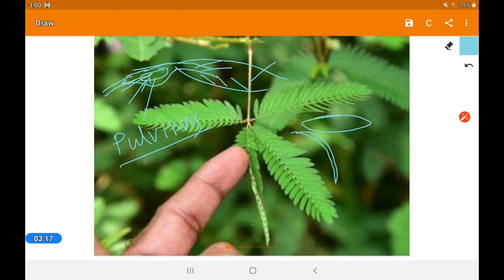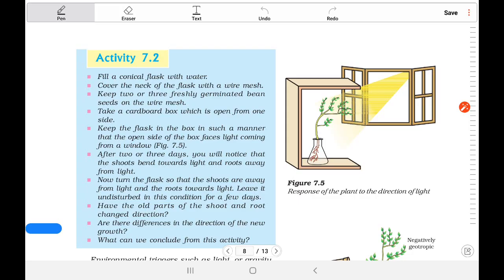Now next we can see the movement due to growth. If we keep a pot inside a room where only one window is open and the sunlight route is only one, we know that the plant will bend towards the light, because light is necessary.